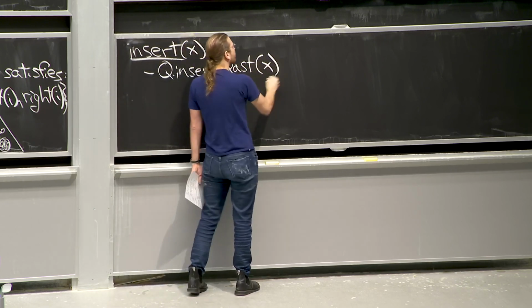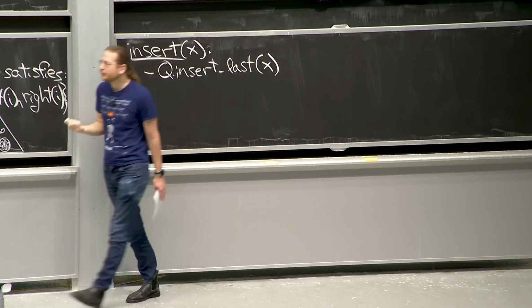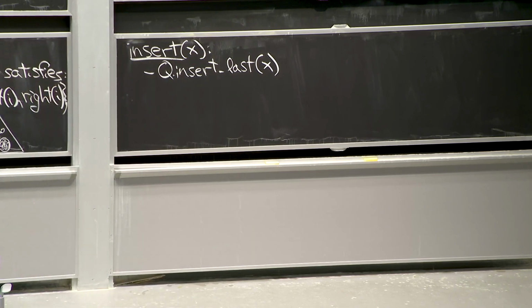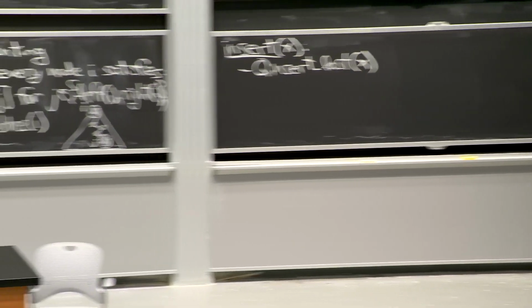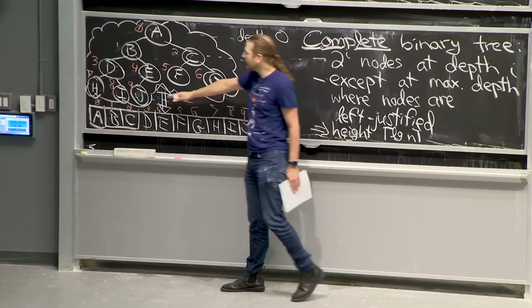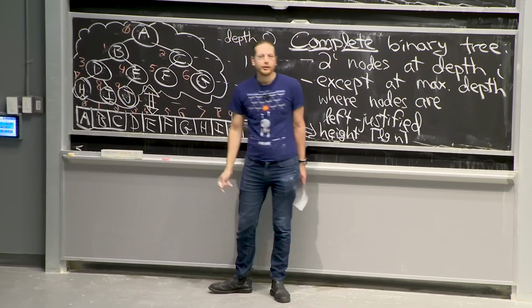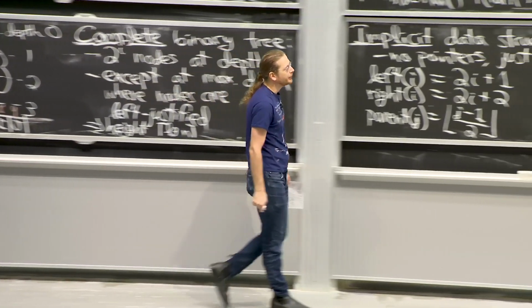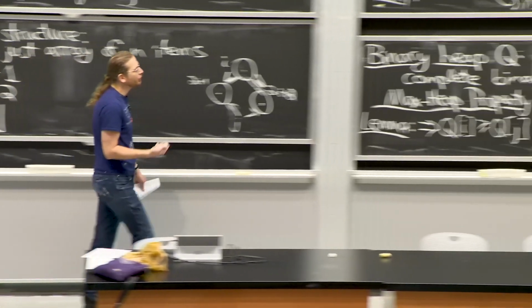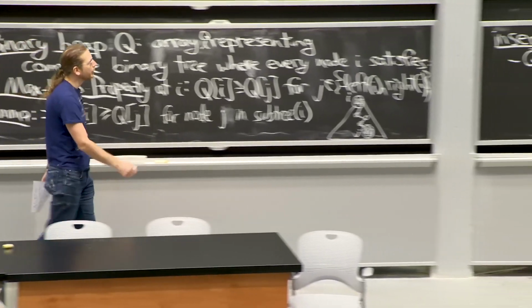This corresponds to adding a node containing the item x in the very last level of the complete binary tree. Either it goes to the right of all the existing nodes or it starts a new level, but it's always going to be the last leaf. After we do the insertion, it will be at position size of q minus 1.